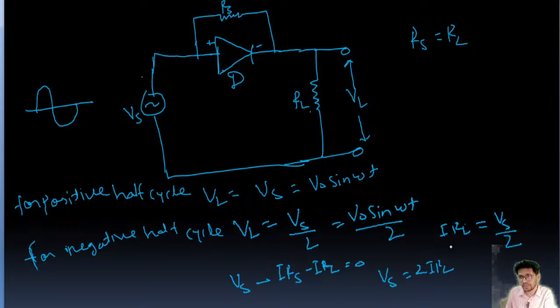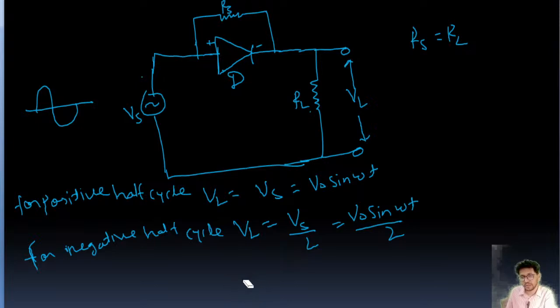And IRL, in this figure, is the voltage across the resistance RL, that is VL. So VL equal to Vs by 2. We got this value by using Kirchhoff's voltage law.